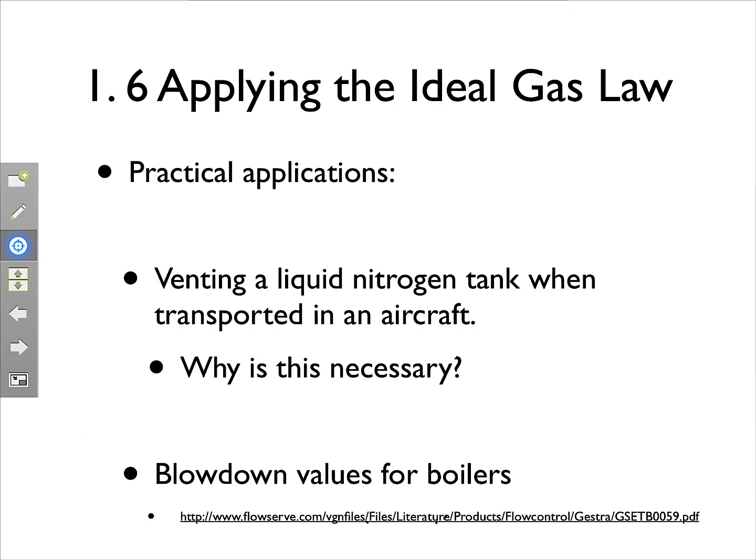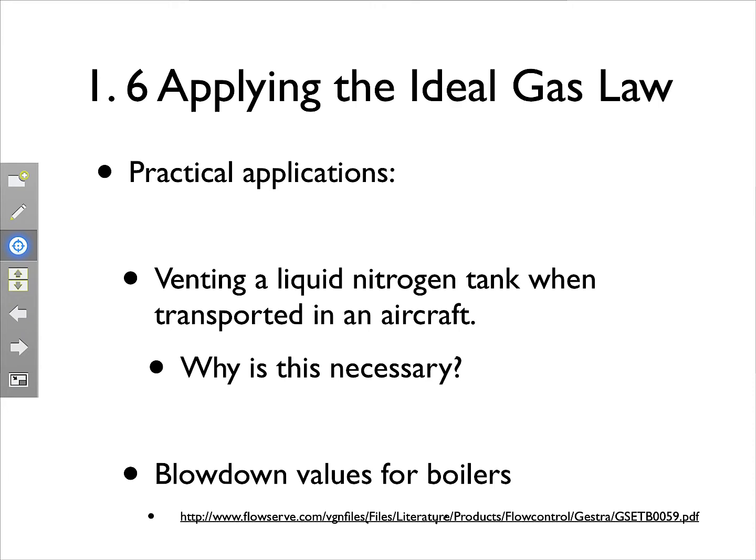So if we go back to some practical applications of this, I've told a story about when I was flying to Greenland last summer. They had a tank of liquid nitrogen on this aircraft, and they had a vent for the liquid nitrogen because as the plane was flying in rough, turbulent air, the liquid nitrogen would slosh in the tank, and it would basically vaporize into some gas.